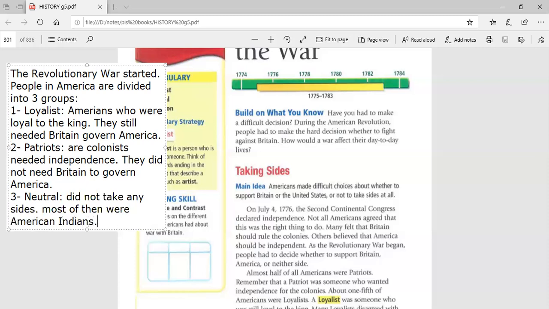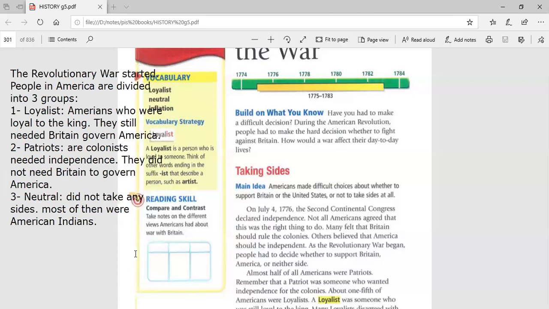These are the most important points of the first page of our lesson. When the Revolutionary War started, people in America were divided into three groups: the Loyalists, who were loyal to King George and needed Britain to govern America. Number two, the Patriots, who needed freedom or independence and didn't need Britain to govern America.